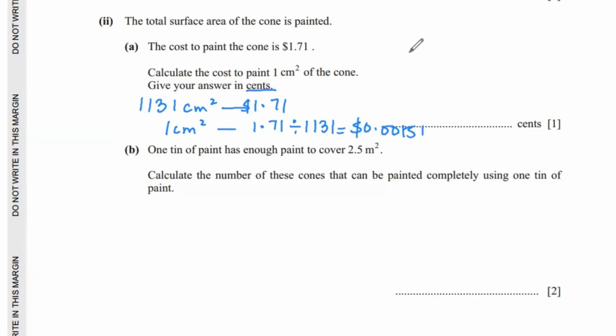We want the answer in cents. So in cents, that's going to be 0.00151 times 100, which is 0.151 cents. That is the cost to paint 1 centimeter squared of the cone.